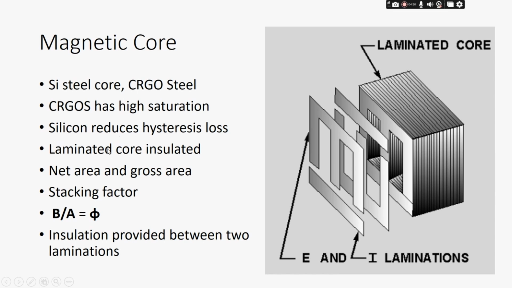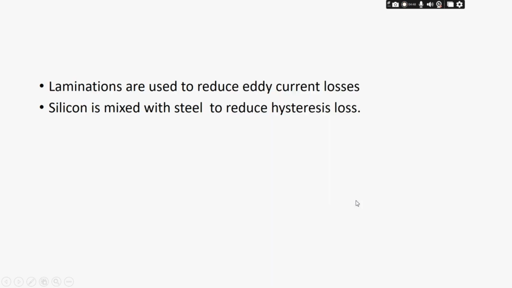So these are some details about the materials, and there are factors of net and gross area that are important in electrical machine design, and insulation is put between every two laminations. These laminations are used to reduce eddy current. What eddy current is, we'll learn in later videos.